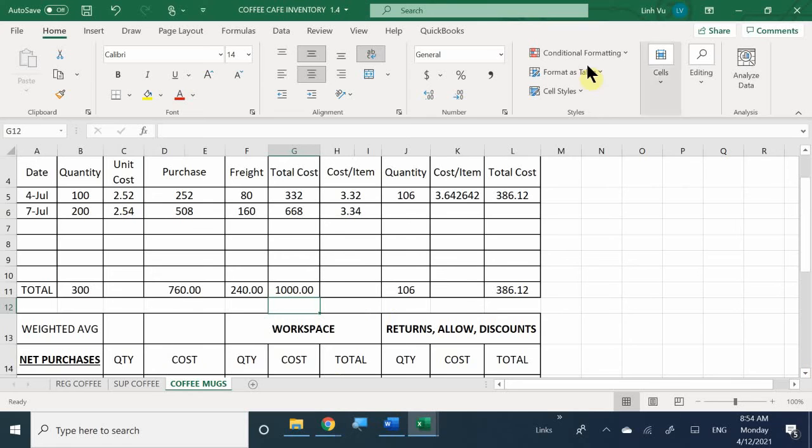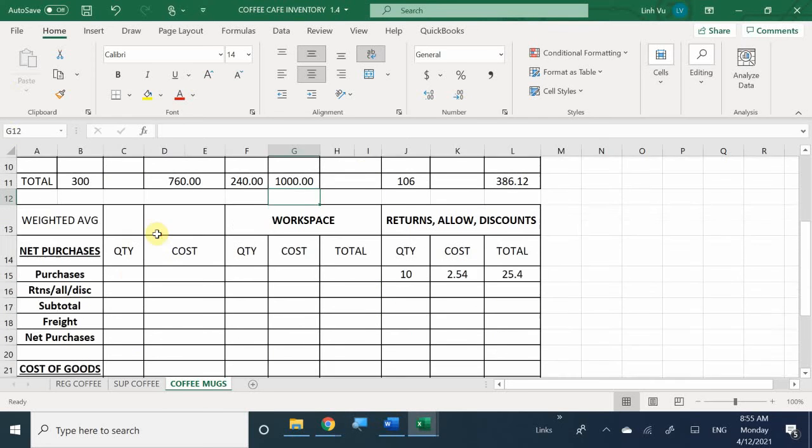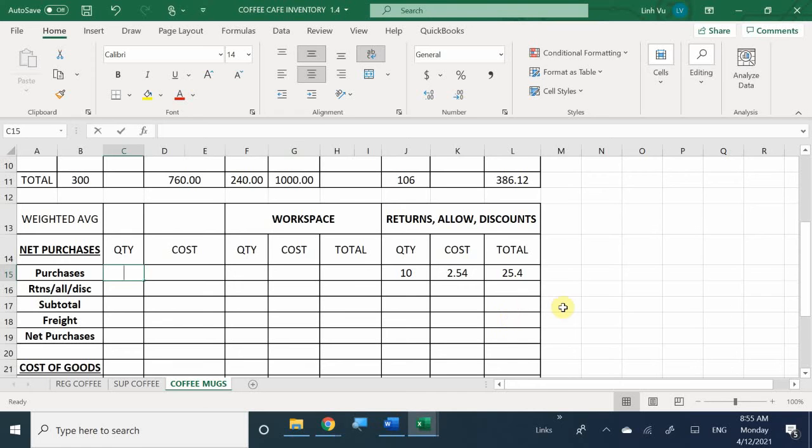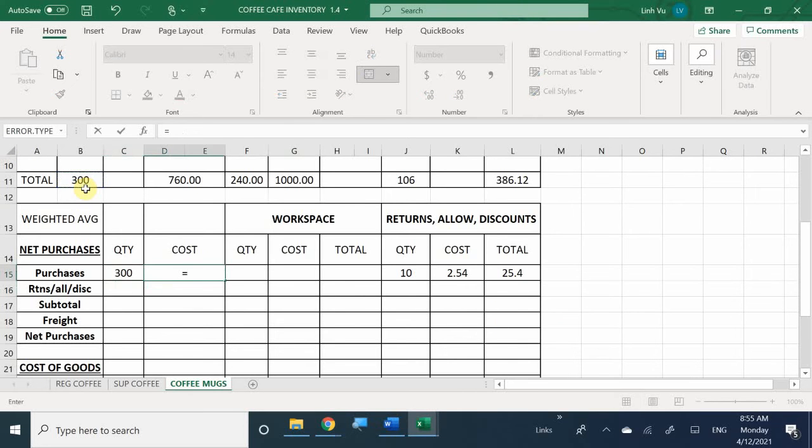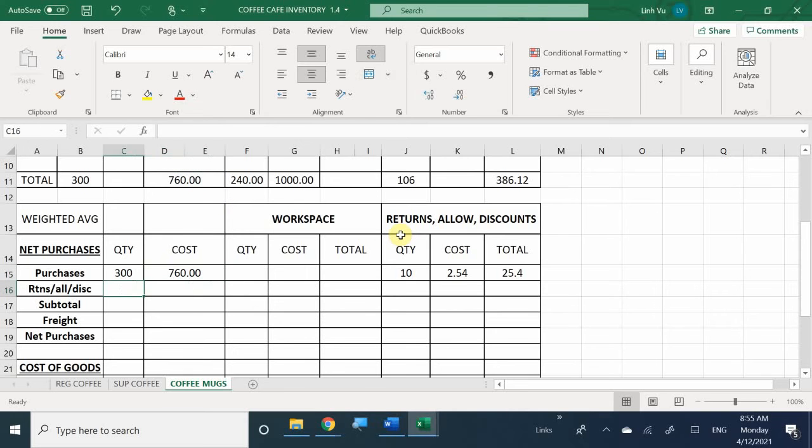And I already summed up my column up here from the previous month, right? We had 106 cups remaining at a total of $386.12. So let's go ahead and plug in our numbers here, right? If we purchased a total of 300 cups at a total purchase price of $760, right?